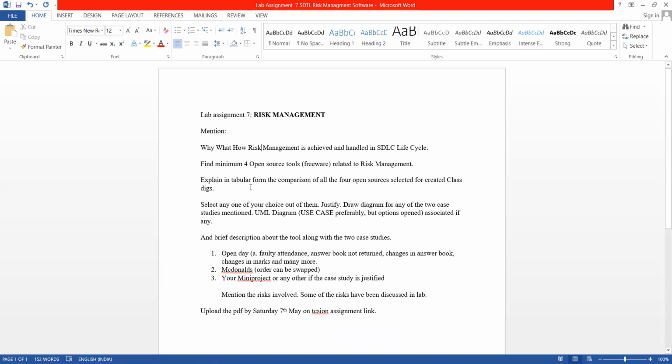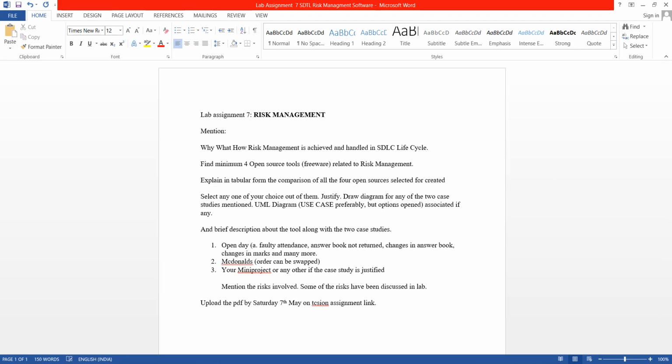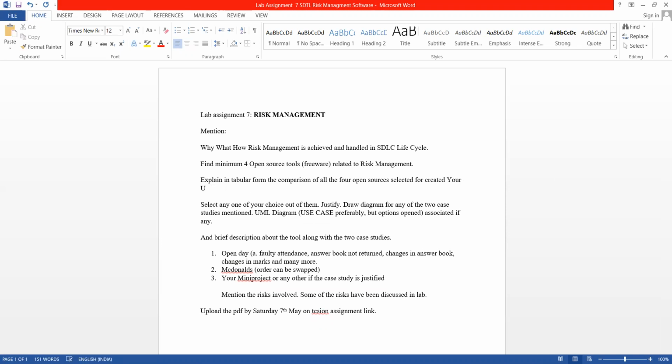You have to explain in tabular form the comparison of all the 4 open source tools selected, for creating your use cases. Why did we discuss use cases? Because generally the interaction of the client and the software can be incorporated with use cases, but it is not restricted.